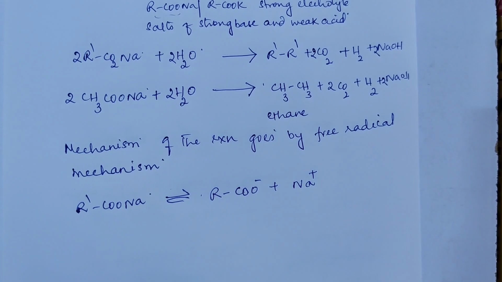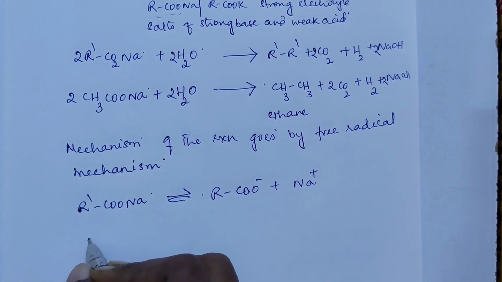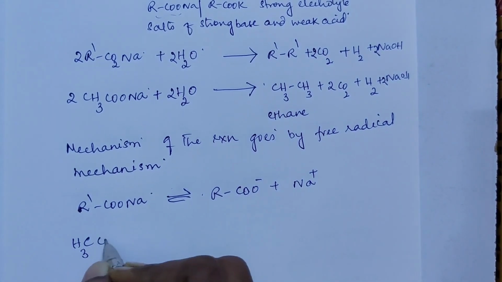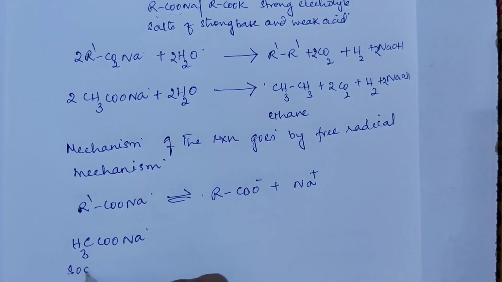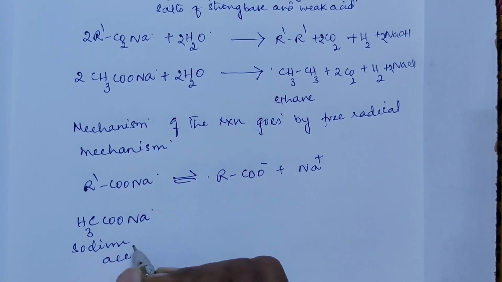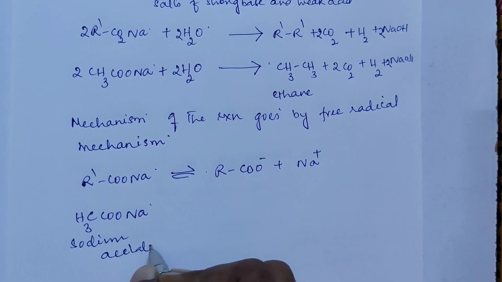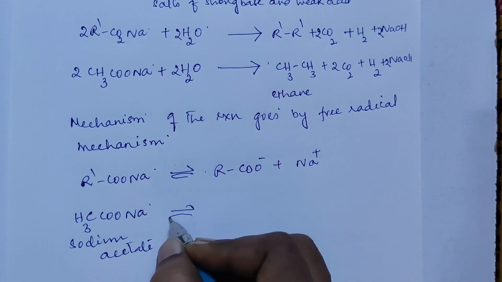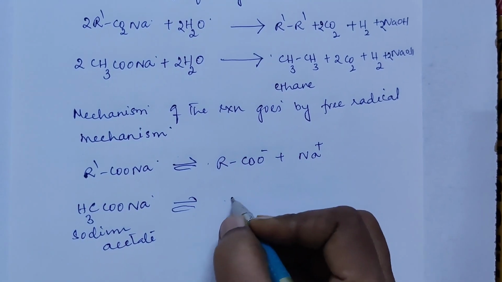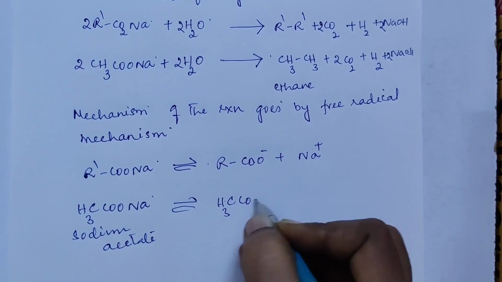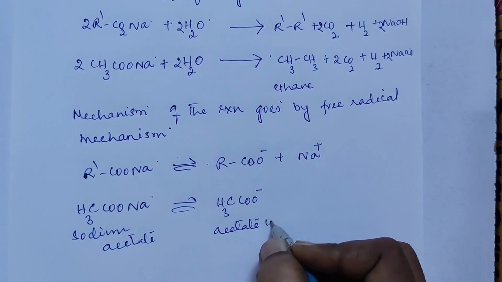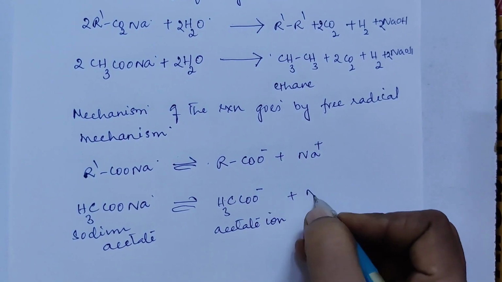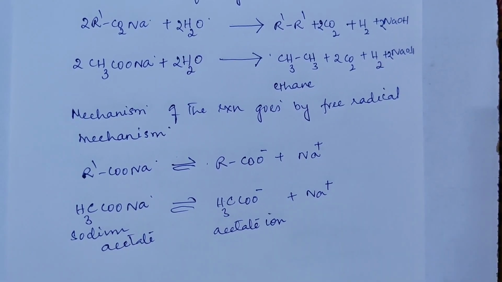So let us consider this with CH3COONa, that is sodium acetate, which will ionize as CH3COO minus, that is the acetate ion, and Na plus.